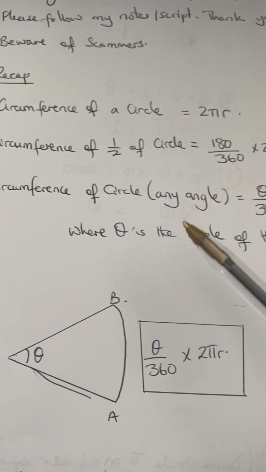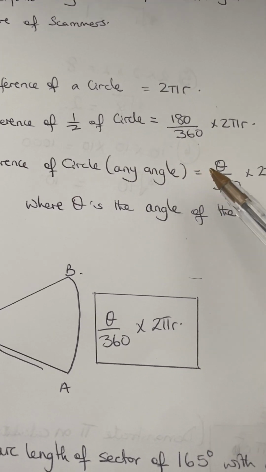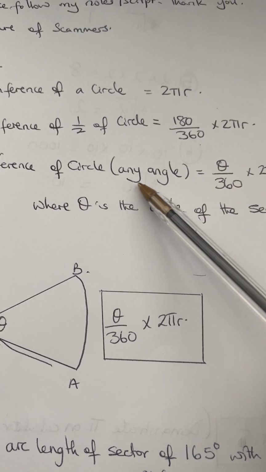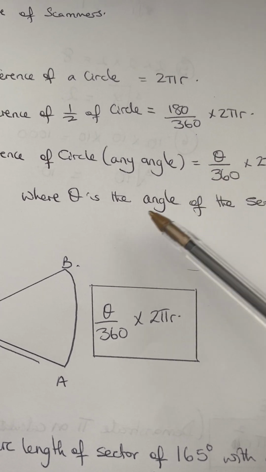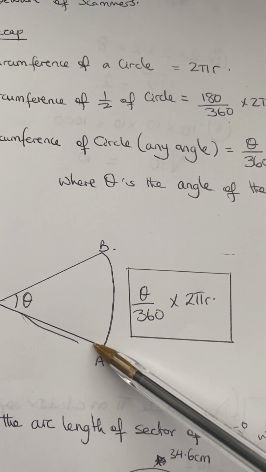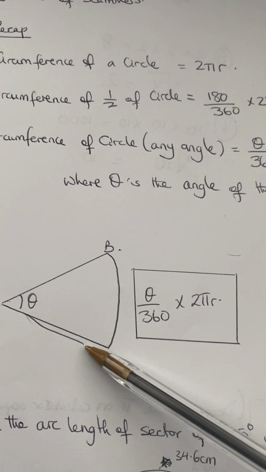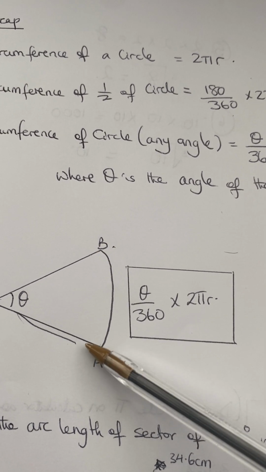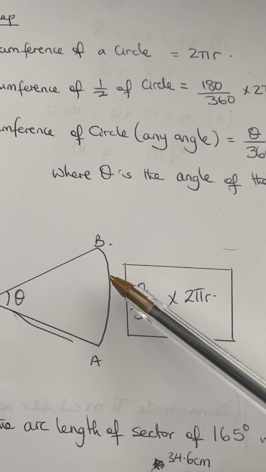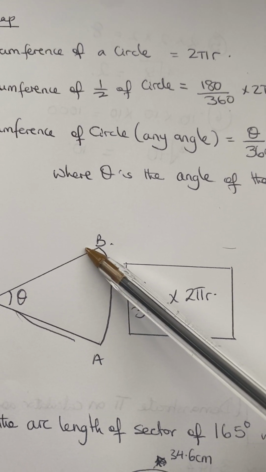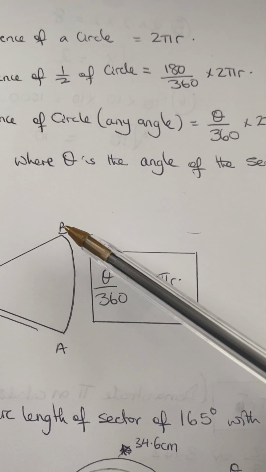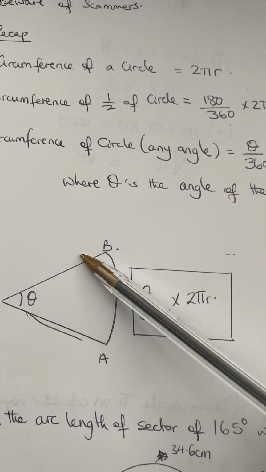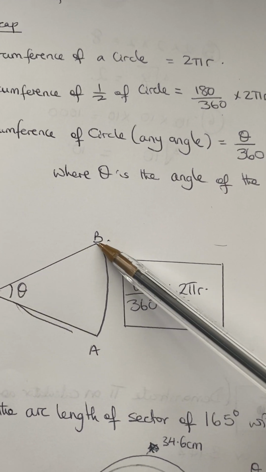Yesterday we saw that for any angle of the circle, if we want to find the circumference of a part, which we call the sector, so assuming you have a pizza and you slice a part of it, that is your sector. If you know the radius, then you can find the arc length A to B, and the radius is from the center to the end.